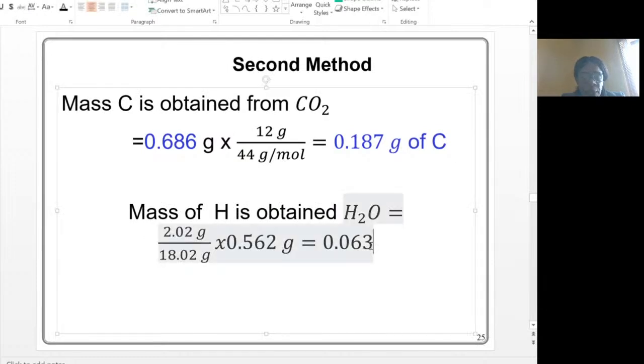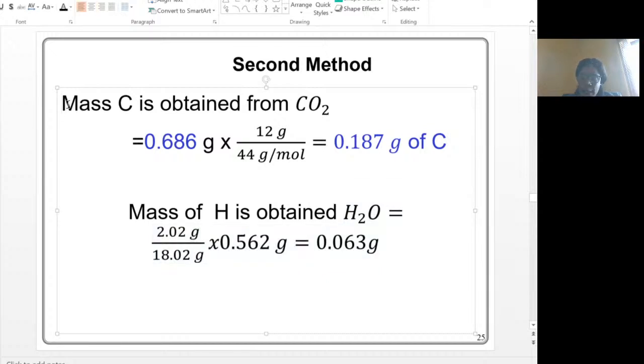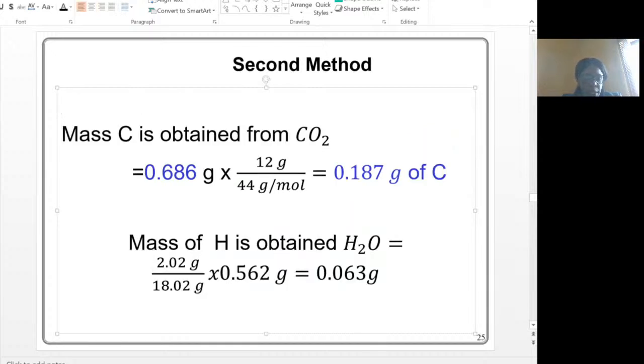Now we have obtained these masses. Remember our question: we have this unknown compound X, which we want to know its molecular and empirical formula.